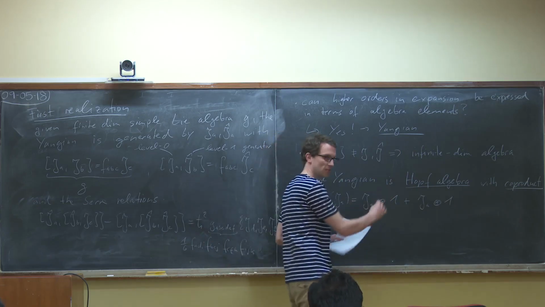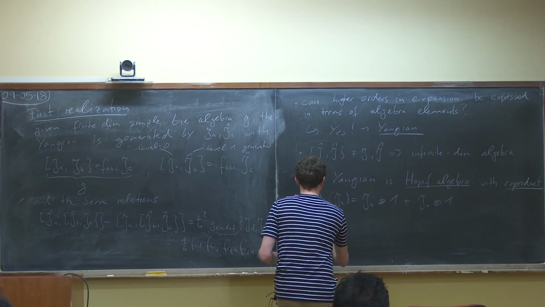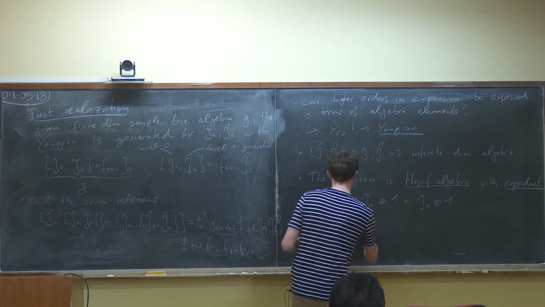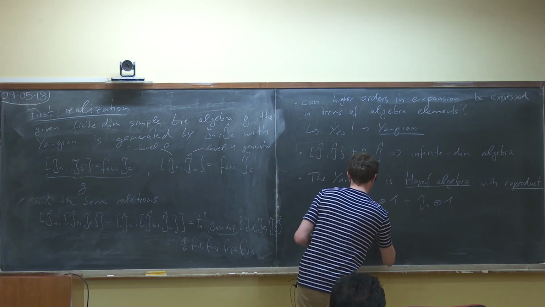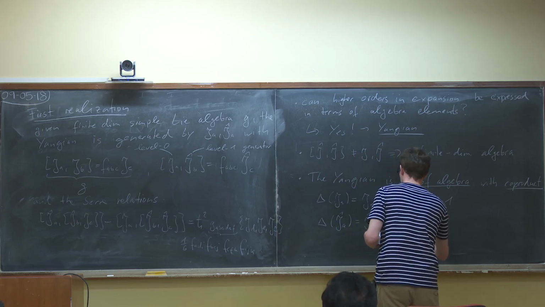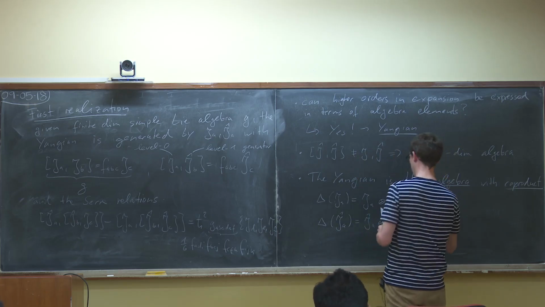So here it's just standard, and the non-trivial piece is given for the level 1 generators. Sorry, this should be swapped.